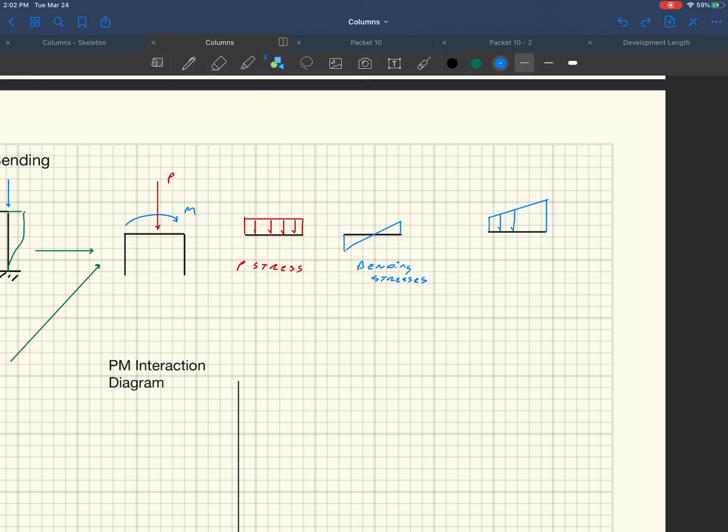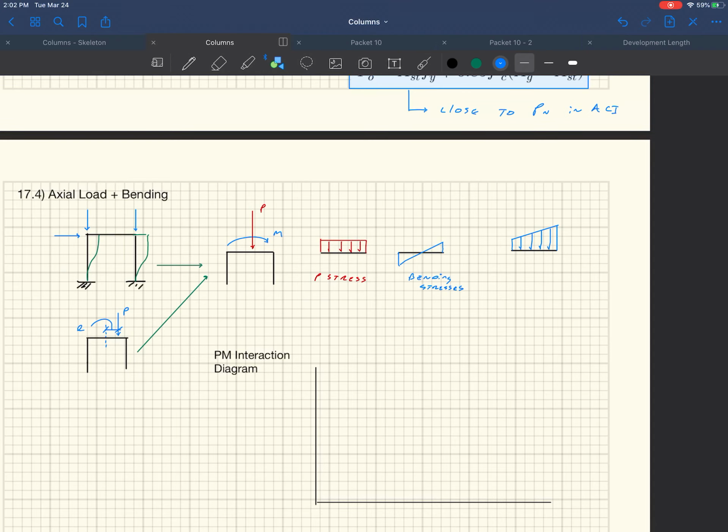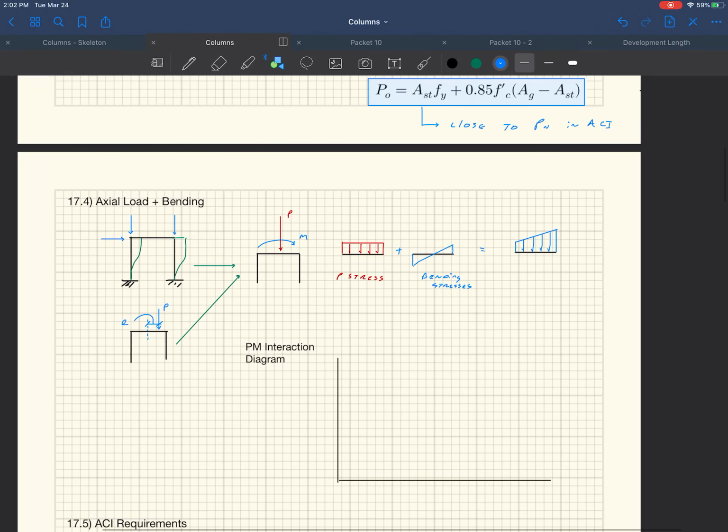You don't have any tension stresses, because when you add these two things together, you have this compression stress, and now you've got tension on one side and compression on the other side. What you end up with when you add the two together is no tension on this side. You just end up with less compression on this side and more compression on that side.